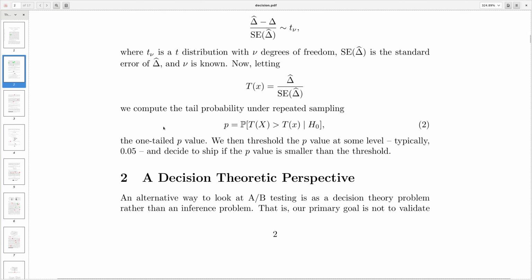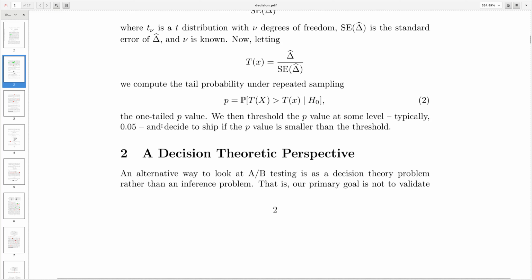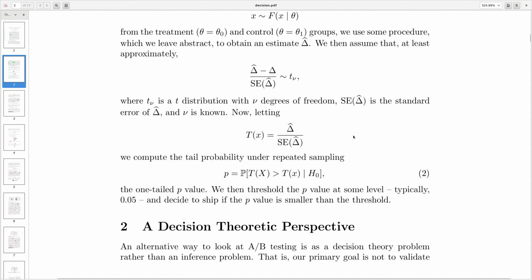Now in testing, T of x equals delta hat divided by the standard error of delta hat.